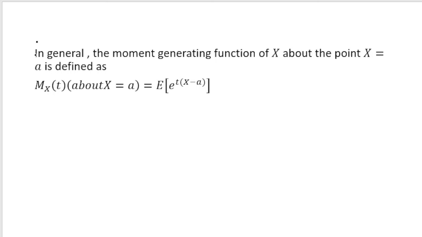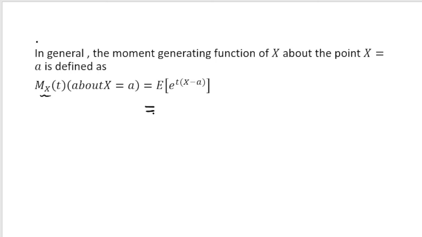I talked about the moment generating function of a random variable x about the origin. Now I can also talk about the moment generating function of the random variable x about any point, that is x is equal to a. When I was talking about the moment generating function about the origin, I was calculating the expectation of e to the power t into x, but here I will calculate the expectation of e to the power t times x minus a.